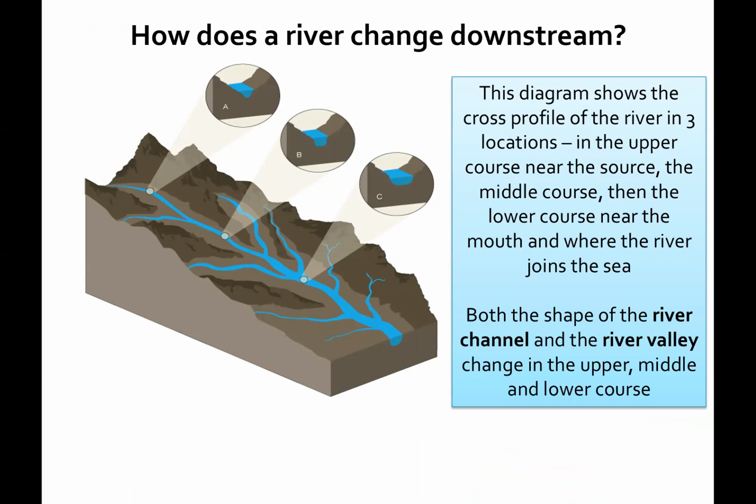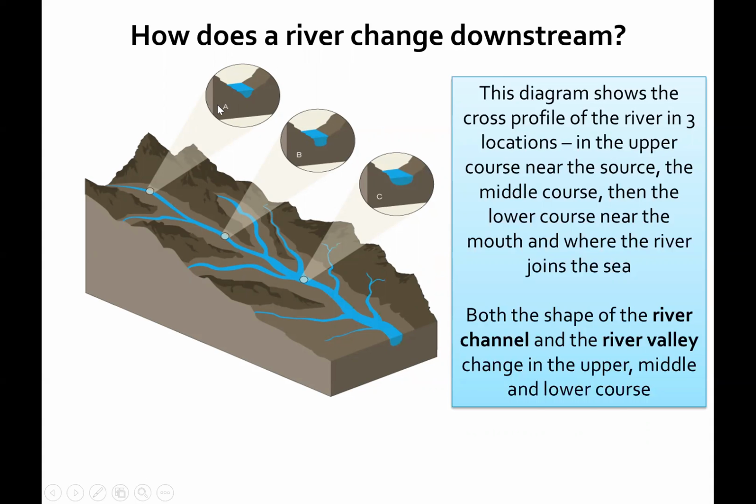So this diagram here shows you in a bit more detail how that river actually changes as we go downstream. So you've got the cross profile of the river. The long profile, remember, shows the gradient, the steepness from the source to the mouth. This actually takes a slice through the river at different points to show you how both the channel but also the valley change in shape.